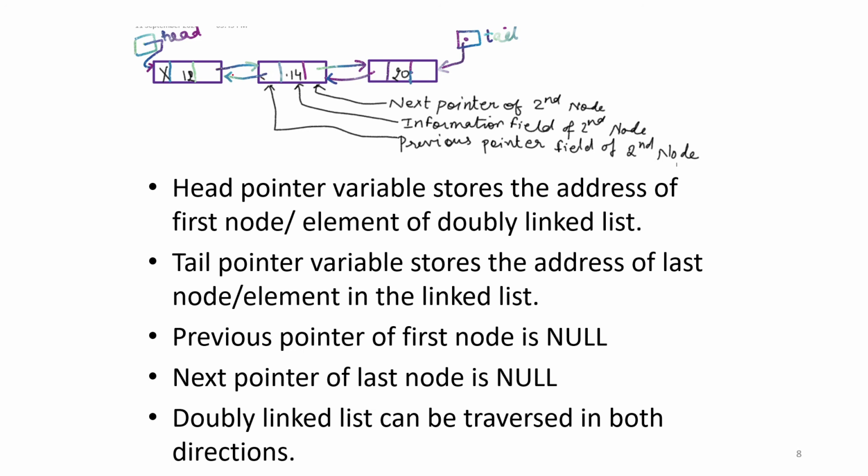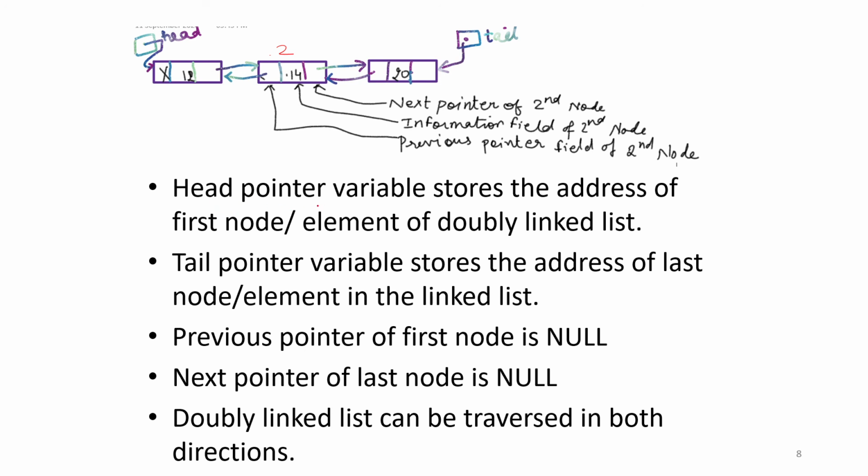Now the first node becomes the preceding node for the second node in the list. Therefore, it stores the address of the first node in the previous pointer field. It contains the information part and another pointer pointing in the forward direction. In case of a doubly linked list, we maintain two pointers, one is head and the other is tail.